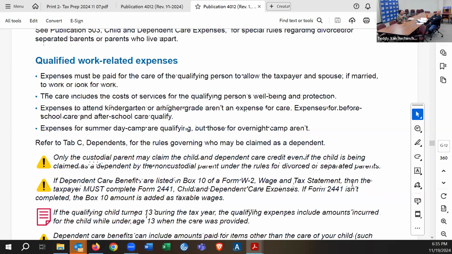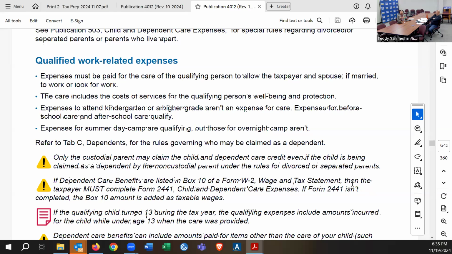If you're working with a married couple and one of them pays for childcare, but the other is a stay-at-home spouse, that does not qualify. If they're paying for childcare so that they can do something other than work, that does not qualify. It has to be for work or looking for work.